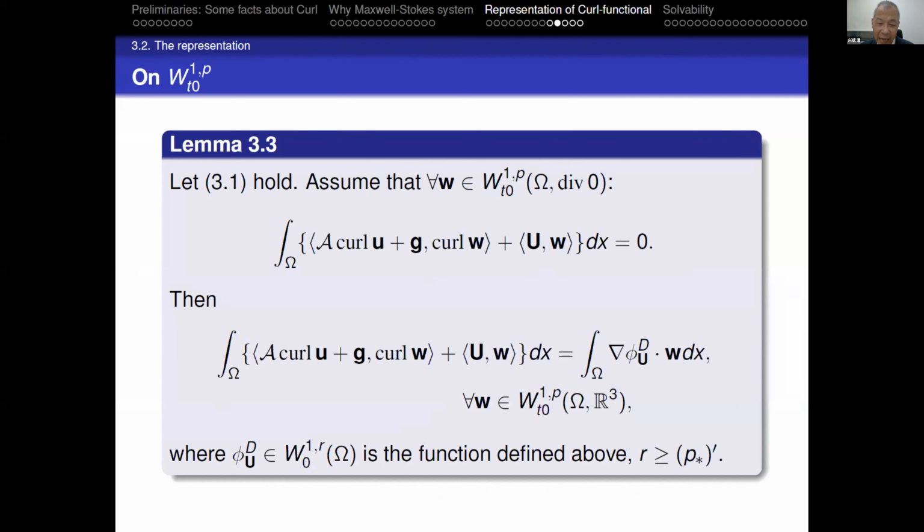Then our conclusion is that you can find the function phi_U^D, which we defined before, and this functional can be represented by the gradient of phi_U^D. Because phi_U^D belongs to the W_0 space, it has a trace, and the trace is 0 on the boundary. So we can represent the functional by using the gradient field, and we have information about the trace of phi.